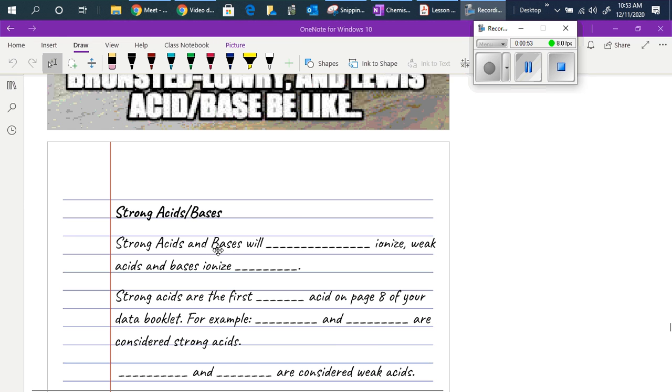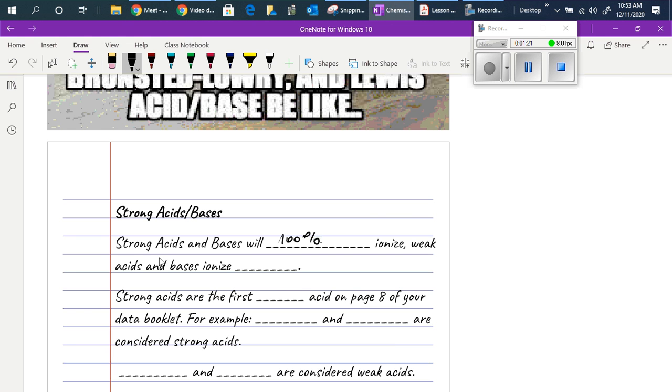So those acids that are above the hydronium ion, which is kind of grayish in your row on the data booklet, are considered to be strong acids. And strong acids will be 100% ionized when we have them in water.